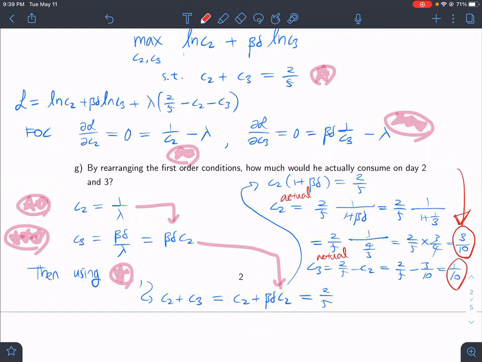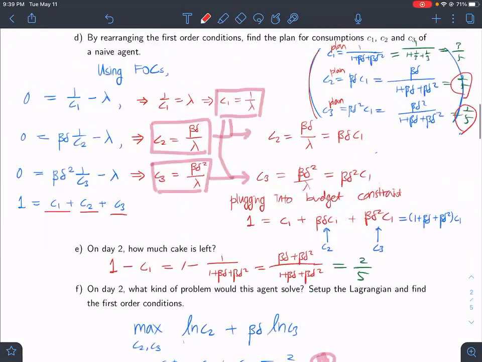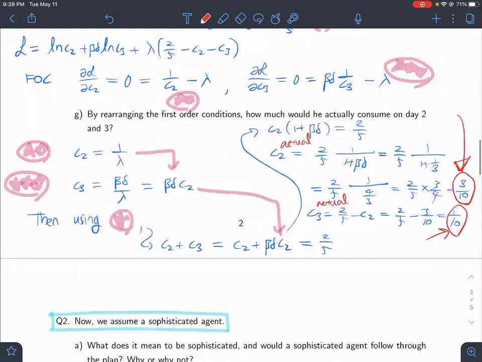So the poor guy on day 3 is only left with 1 over 10, 10% of the cake. I was thinking that he will have 1/5 of the cake, but no. On day 3, because day 2 guy is too greedy, he's leaving a small portion of the cake for the guy living in day 3. Yeah, so this is the implication of using a naive agent.